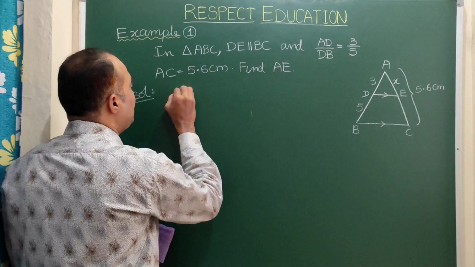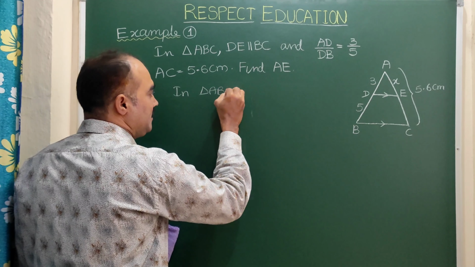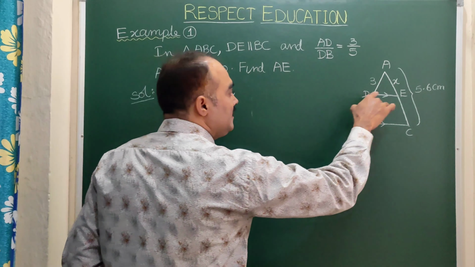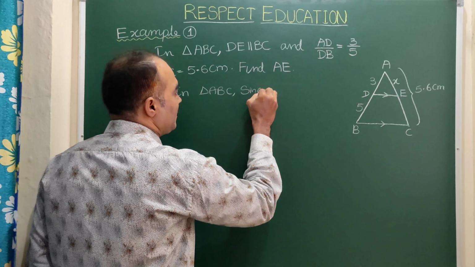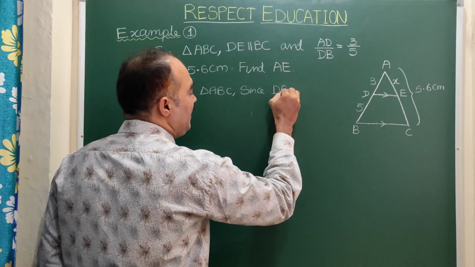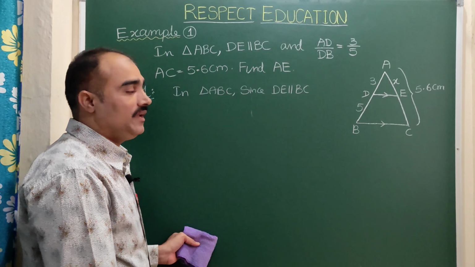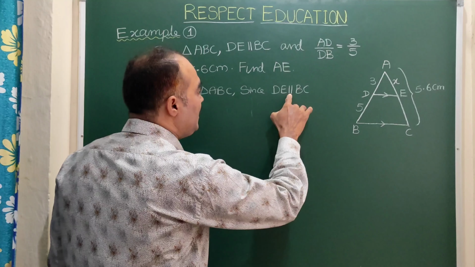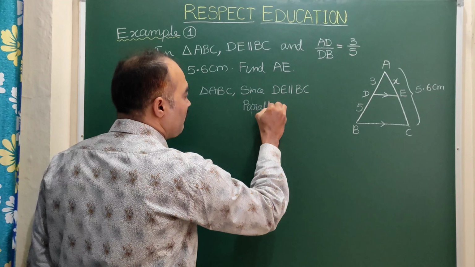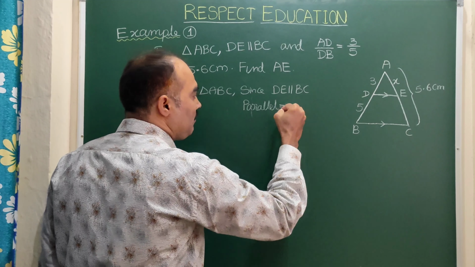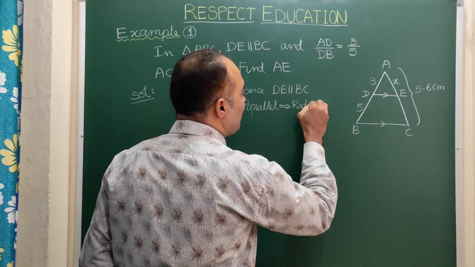In triangle ABC, since DE is parallel to BC, here we need to remember that when the conditional parallel comes, when the lines are parallel, then ratios are equal.